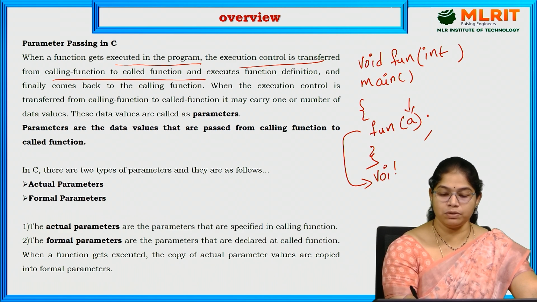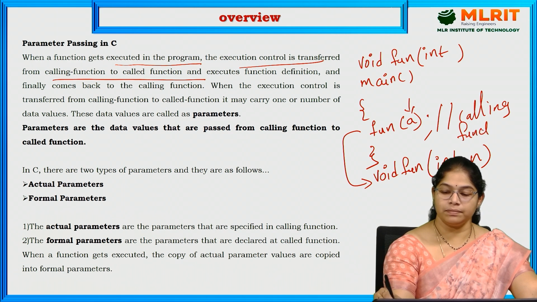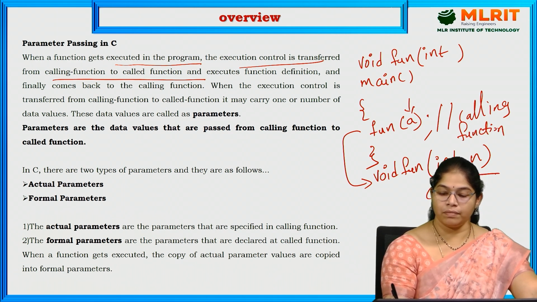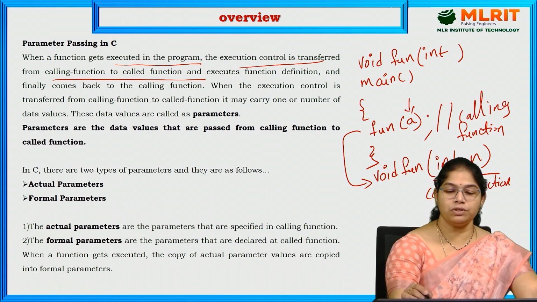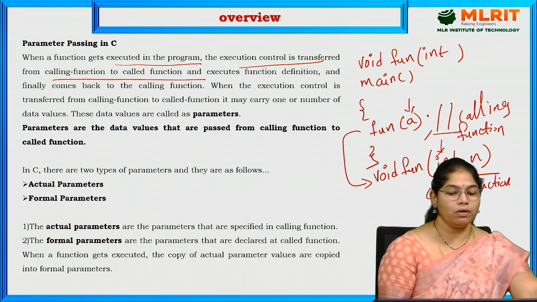The function definition should match the declaration: void fun with argument int. So here it is called the calling function, and this is called the called function. The execution control is transferred from the calling function to the called function.